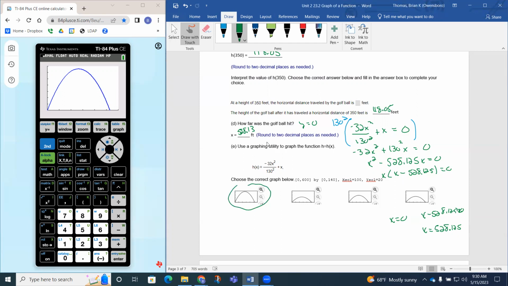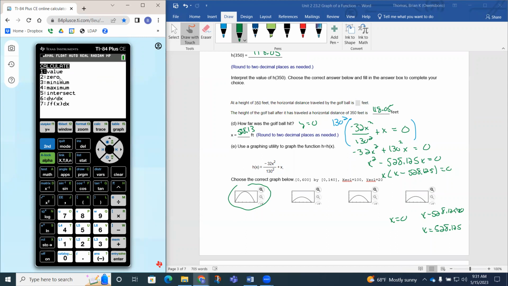If we want to look at where it touches the ground over here, we could go to the trace button and see if that gets us something really close to what we had. So let's get like 527, and we got 528.13 algebraically. That's a pretty good estimation. If I want to get an exact value, there is a calculate button right here. Second calculate.